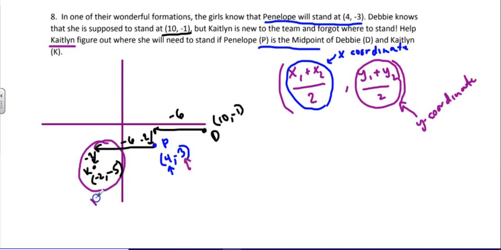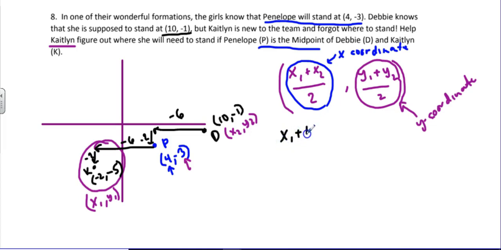So we needed to find x sub 1, y sub 1. We have x sub 2, y sub 2, and we have what the midpoint x coordinate is and the midpoint y coordinate is. So we can use our formula to substitute what we know and then solve for what we don't know. We don't know x sub 1.